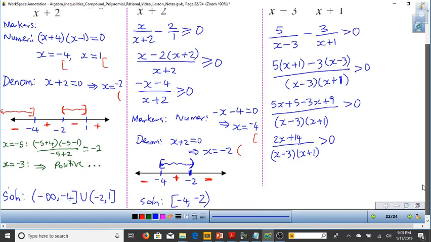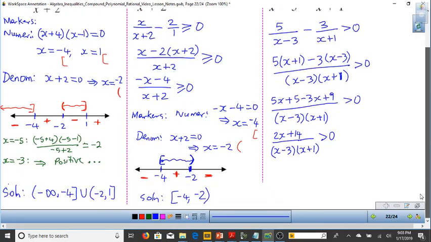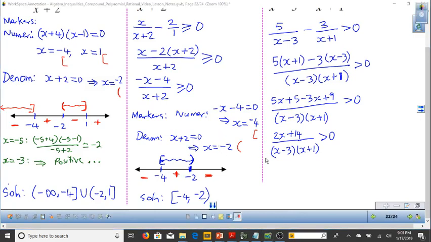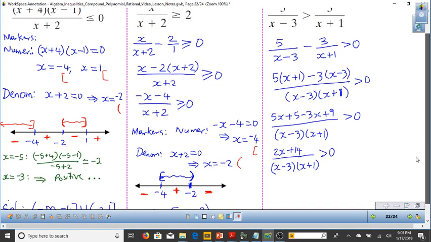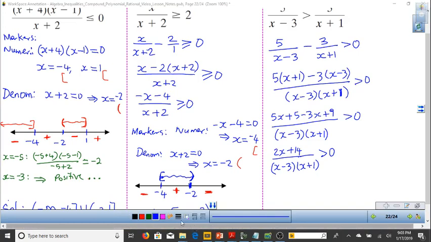Now, I am going to need a little space here. So what I'm going to do is just continue the work on the left side here. Well, we may be able to fit it in. So for our markers, for my numerator markers, I have 2x plus 14 equal to 0. So x is equal to -7.